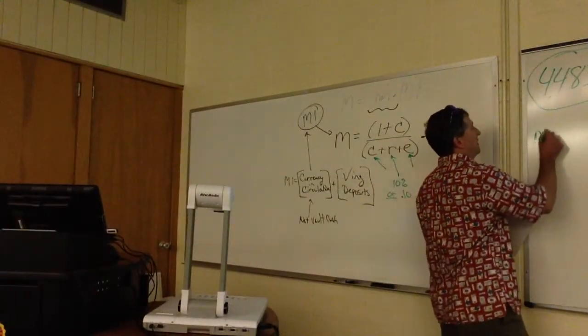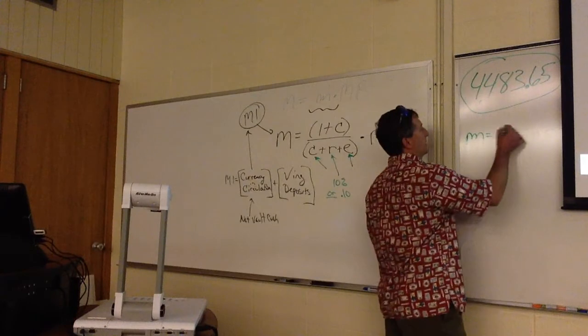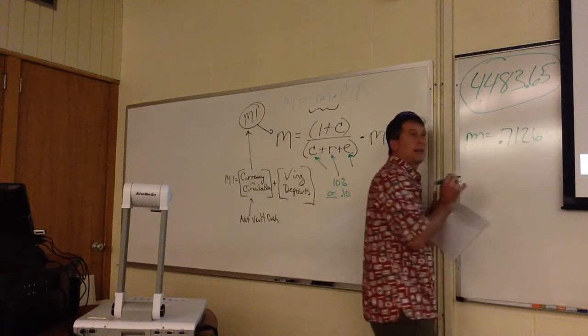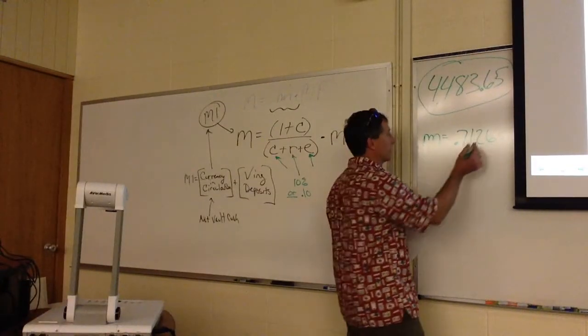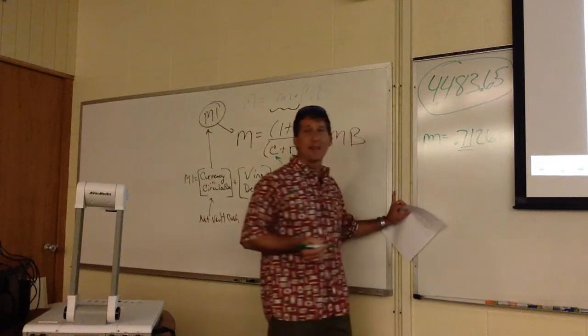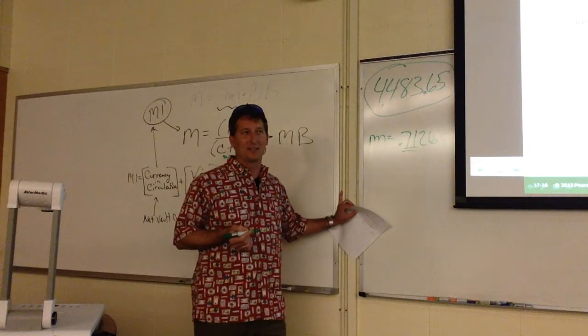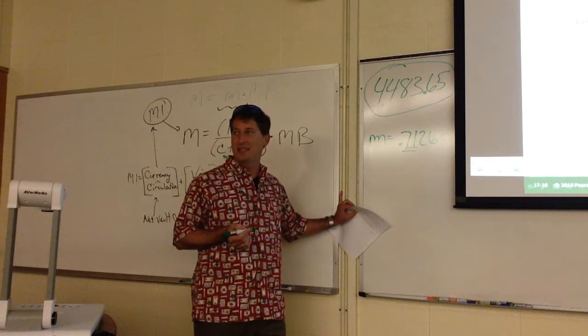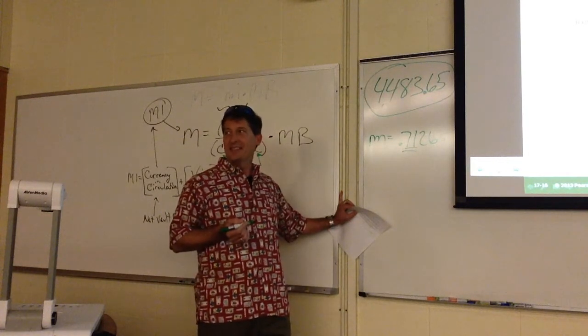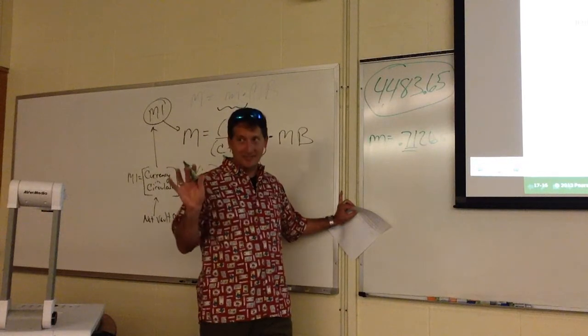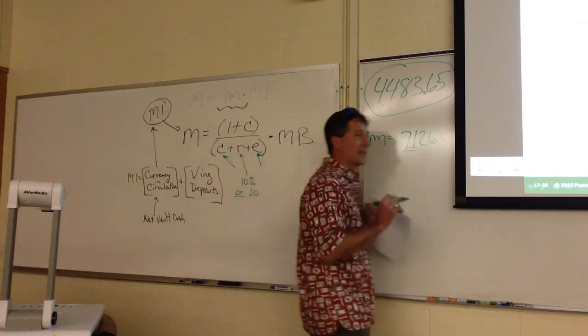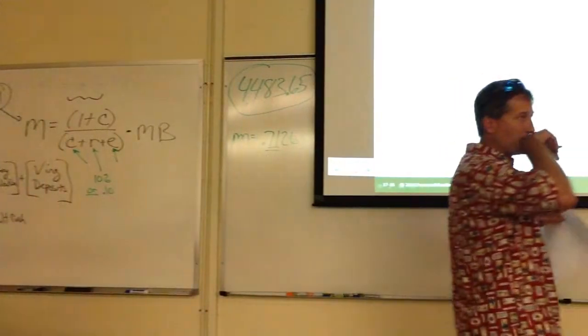I got 0.7126. 0.7126, that sounds correct. So 0.71 is the new multiplier, which seems kind of weird for a multiplier to be less than 1, right? But you guys are right. But that's what this problem is forcing us to think about.